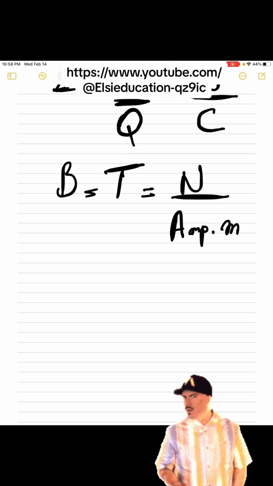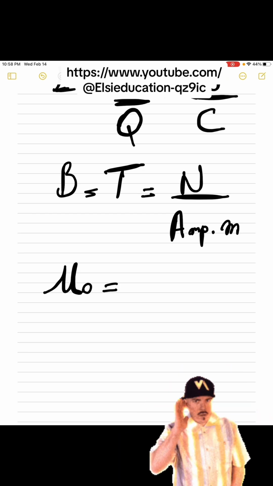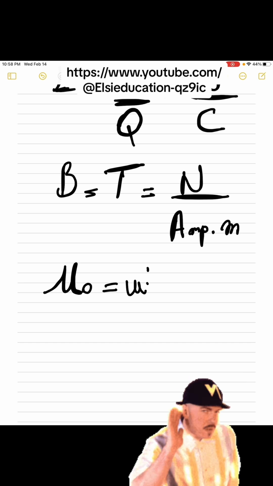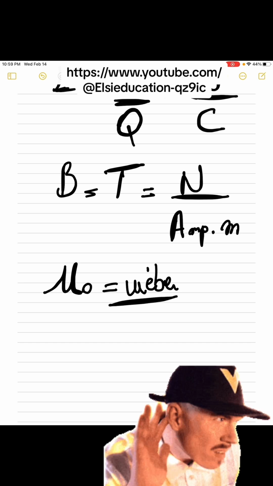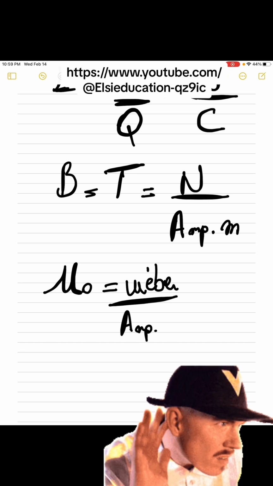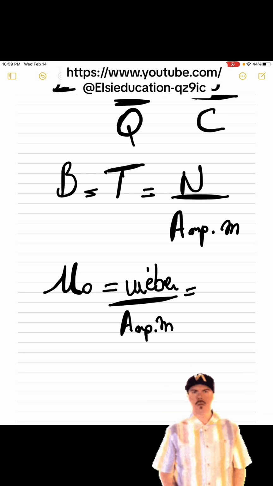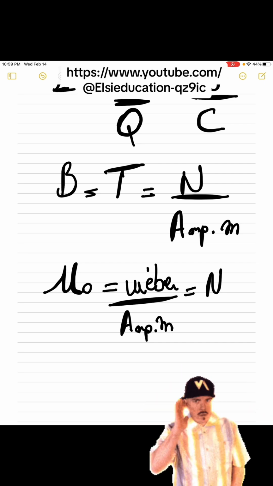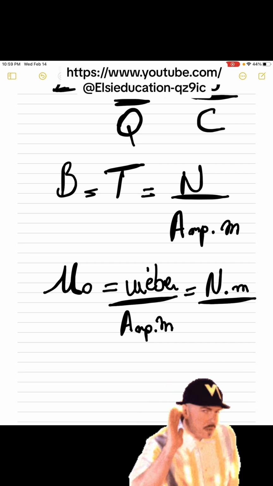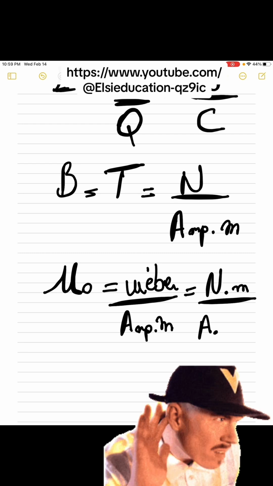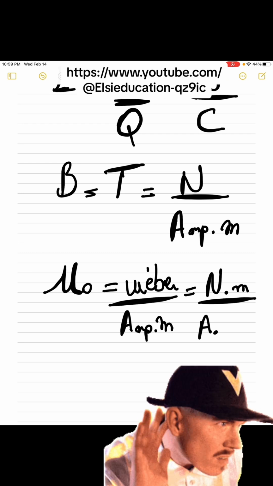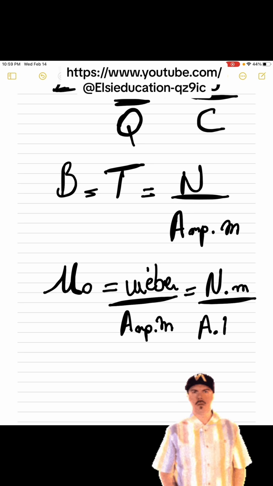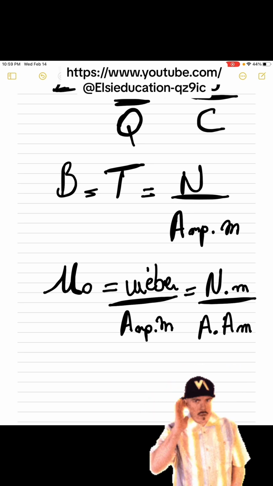And the unit of the constant is the Weber divided by the amp multiplied by the meter. The Weber is Newton per meter divided by amp, multiplied by meter.